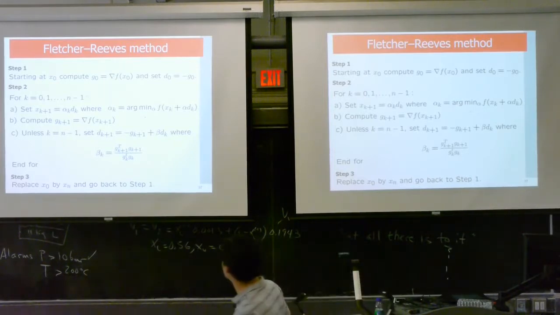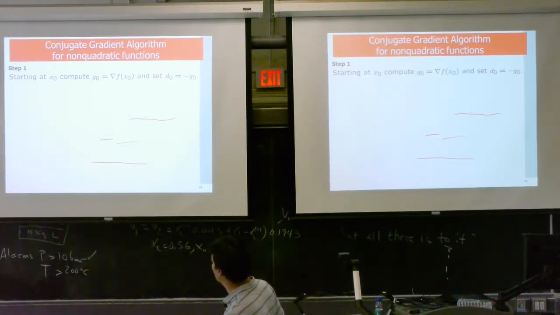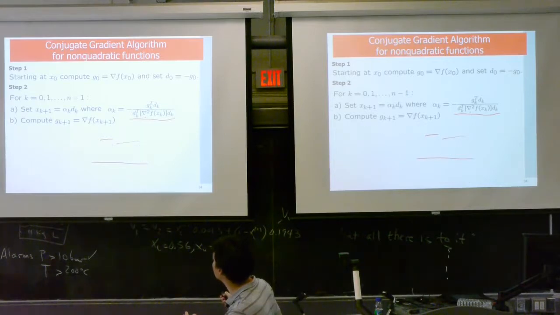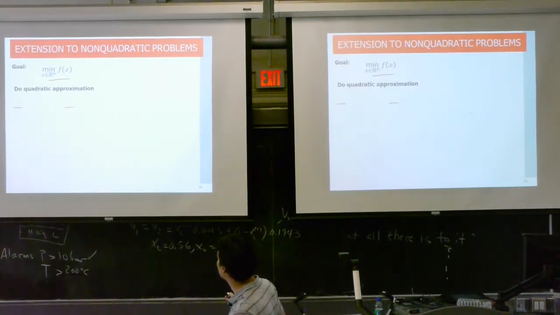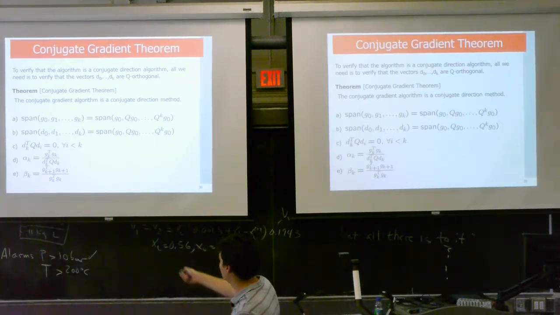Yes? In the previous update for beta k in the previous slide, should the numerator contain a Hessian? Yeah, so there are two forms for that. This is one form that contains the Hessian, but you can prove that there's an equivalent form that doesn't contain the Hessian. Let me go to that slide. Yeah, here. So you can also use this as an update rule for the betas. It just uses the squared norm of the gradient at k plus 1 and the squared norm of the gradient at k.